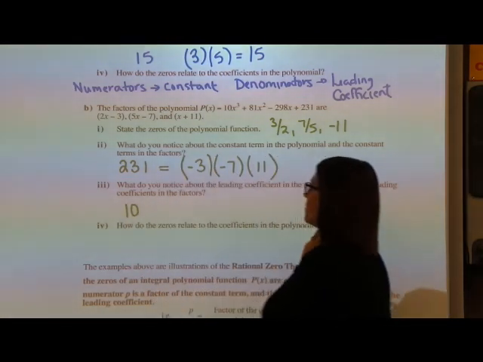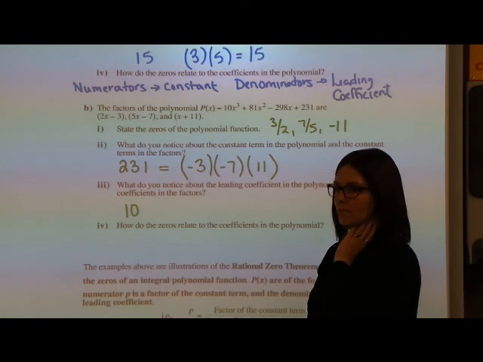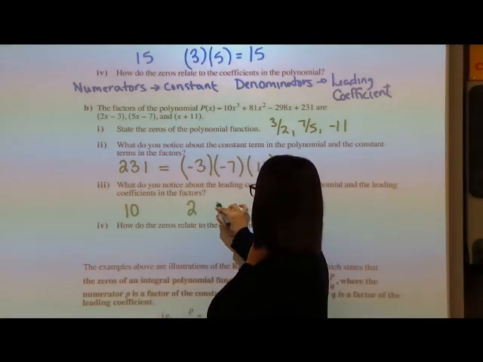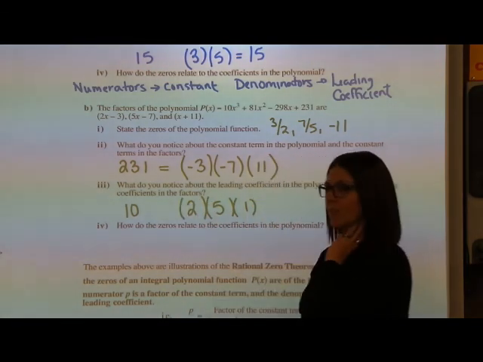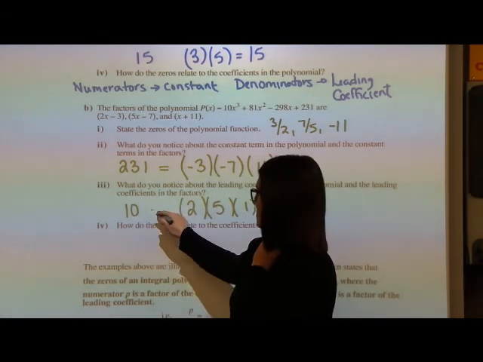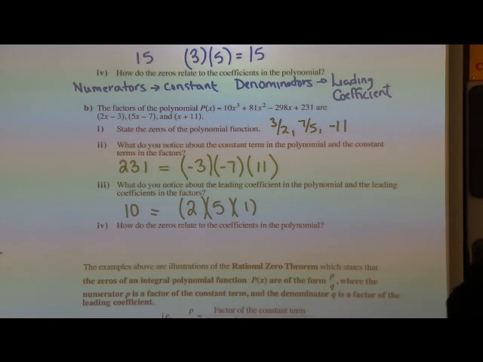And what are the leading coefficients of the factors? 5, 2, and 1. And when I multiply them together, it equals 10. So it says, how do the zeros relate to the coefficients in the polynomial?